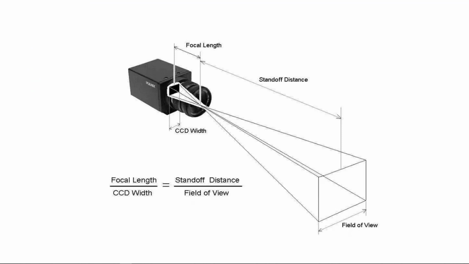When we consider the camera and lens selection, there are four parameters that are going to be interrelated. We're going to have the image sensor size, that in this case, we're going to look at the sensor width, and this sensor width is going to be determined by the manufacturer of the camera. We're going to have the focal length.